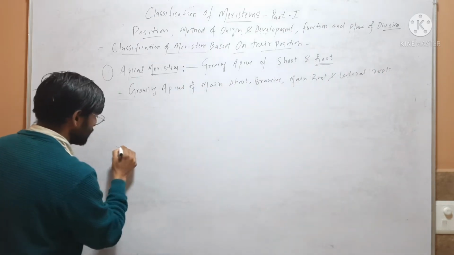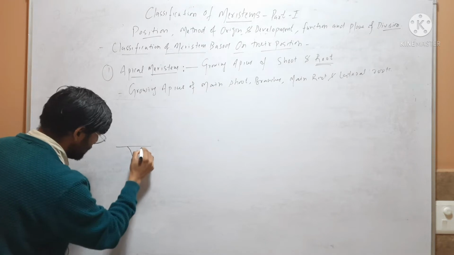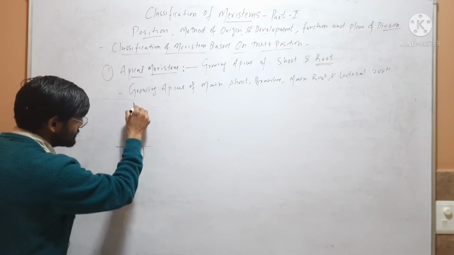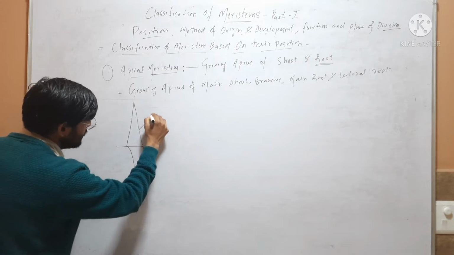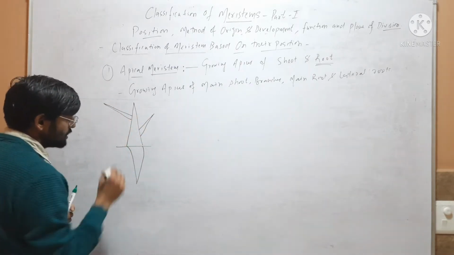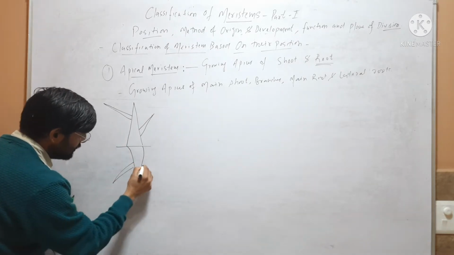Suppose this is a plant and this is the main root. This is the main stem and this is a branch, and these are lateral roots.